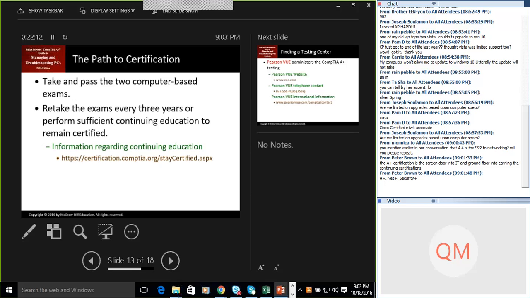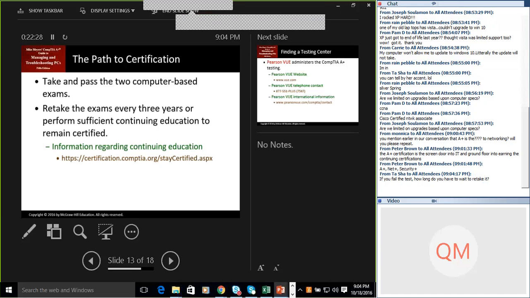So if you take a Network Plus and pass it, it automatically renews your A Plus. And if you take the Security Plus, it automatically renews the Network Plus and the A Plus. But they have information on the website about the specifics in the hierarchy of the tests and things like that.